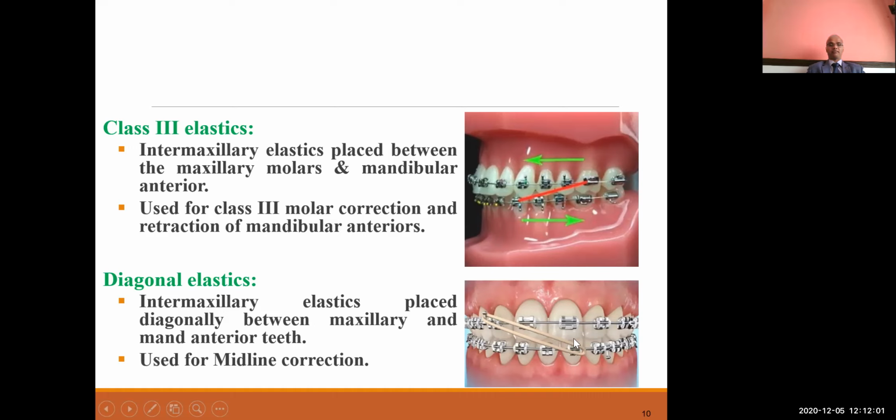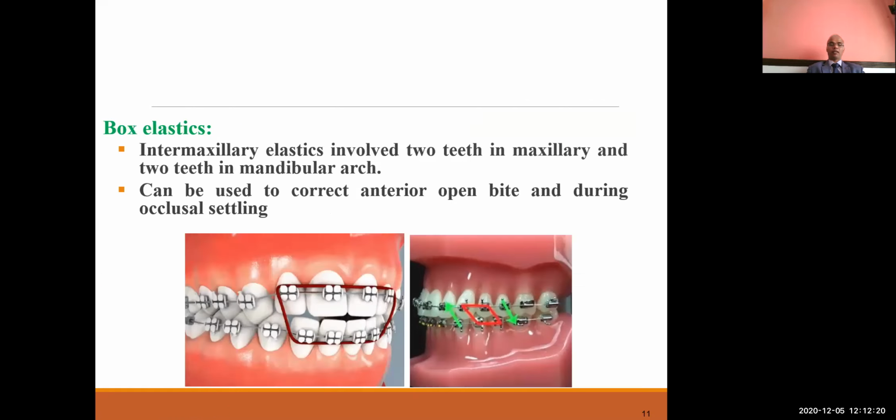Then diagonal elastics. These are intermaxillary elastics. They are placed diagonally between maxillary and mandibular anteriors. These are used for the correction of midline. If the upper and lower midlines do not coincide, then these elastics are used. Next is box elastics. These are also intermaxillary elastics involving two teeth in the maxillary and two teeth in the mandibular arch.